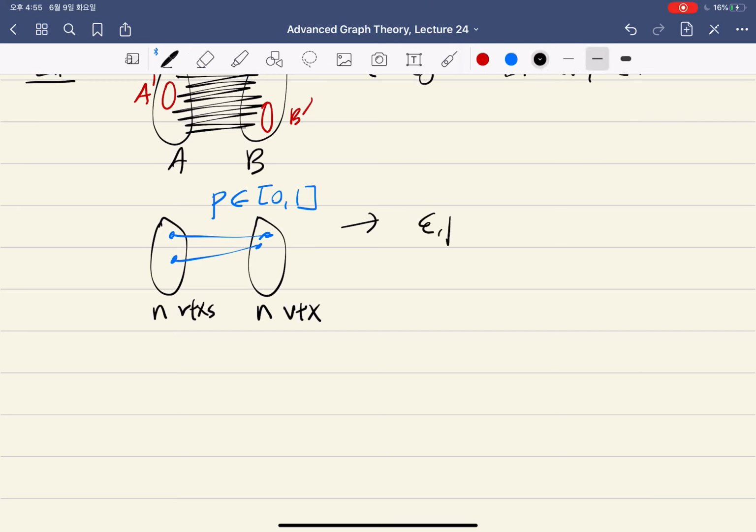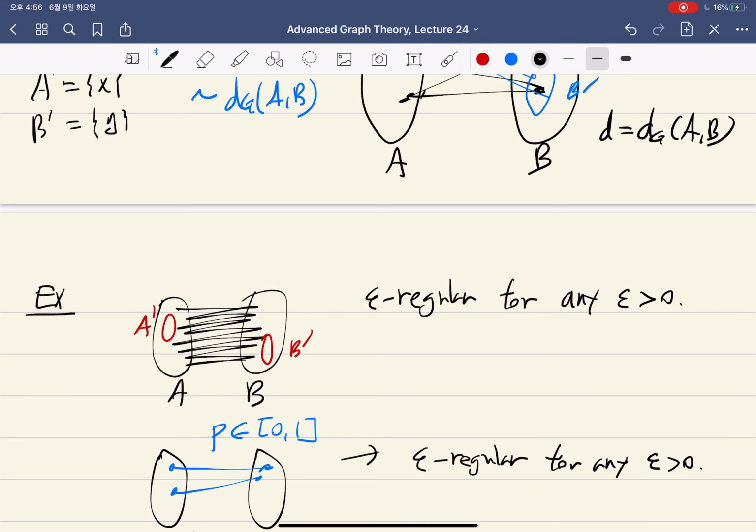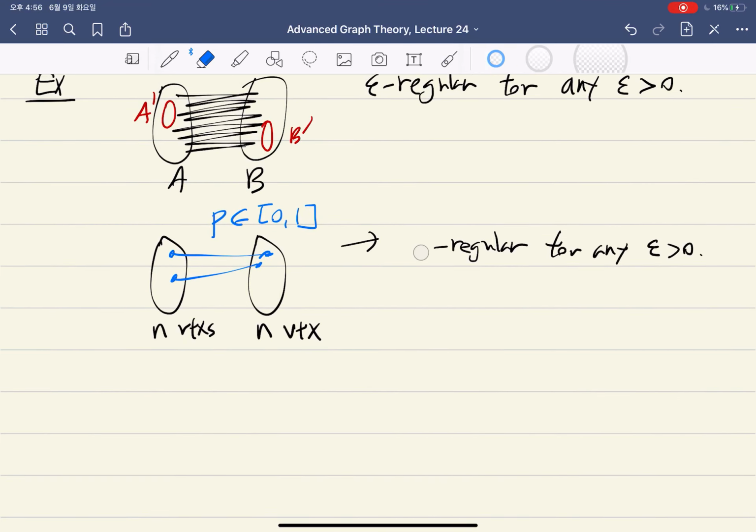Moreover, it is epsilon p regular for any positive constant epsilon, as long as n is much bigger than, say, this epsilon.